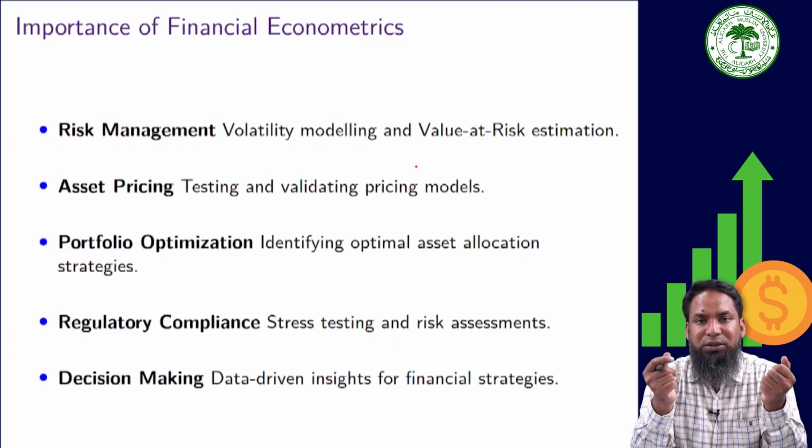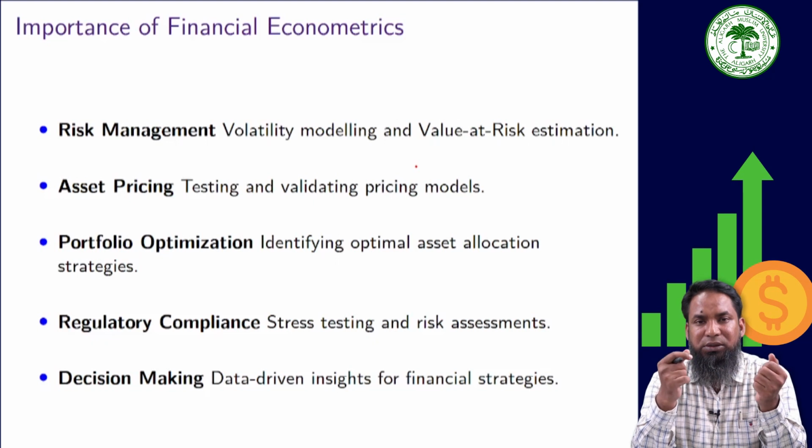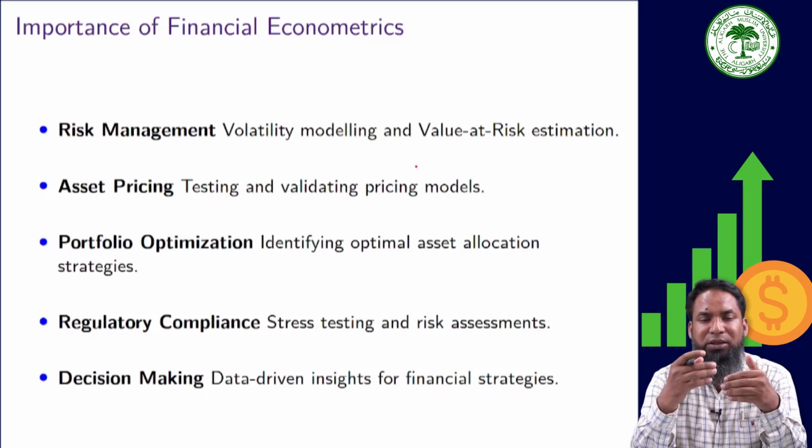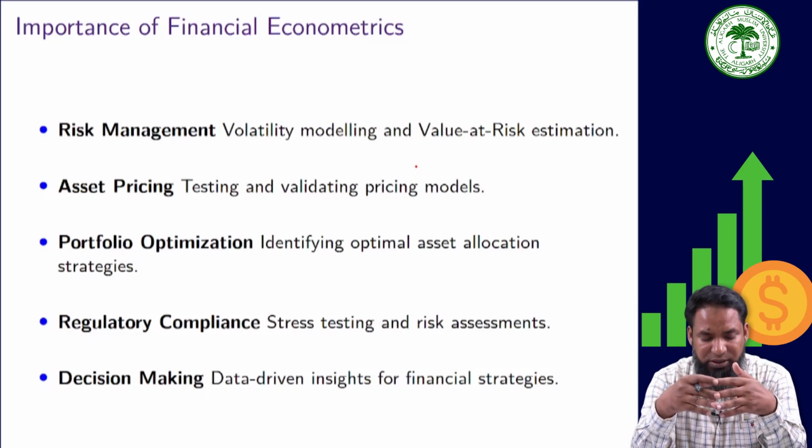Similarly, asset pricing. What should be the pricing of an asset, or whether the prices are normal or abnormal? Does it reflect the real worth of the asset? What are the different pricing formulas we have? Are they valid? Do they satisfy certain conditions?